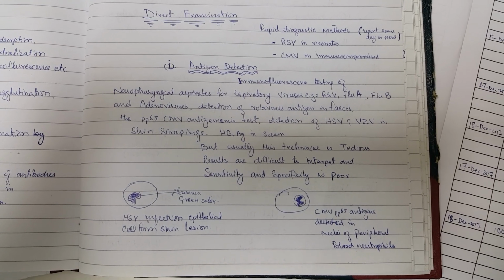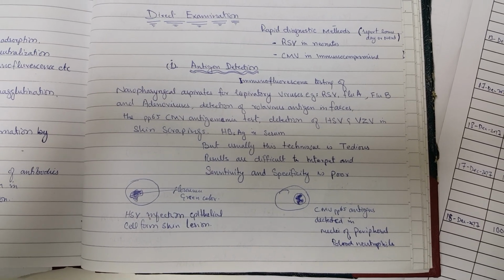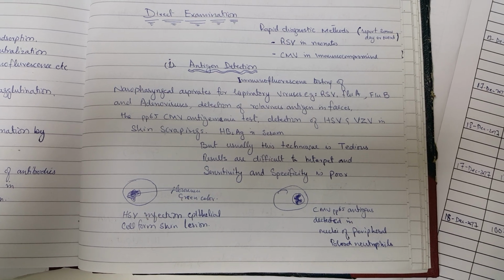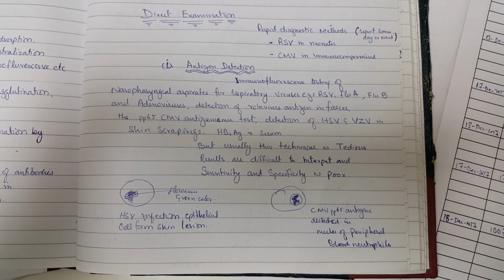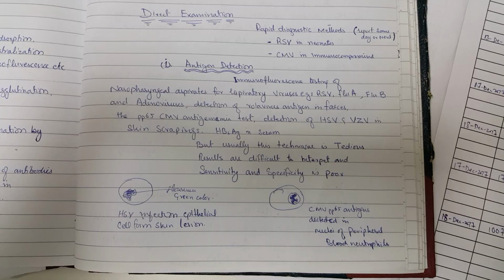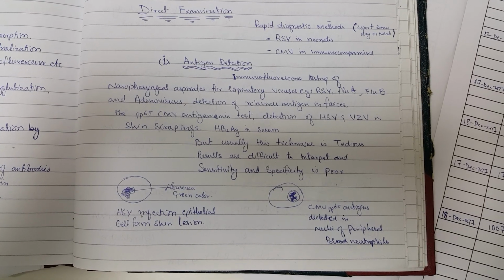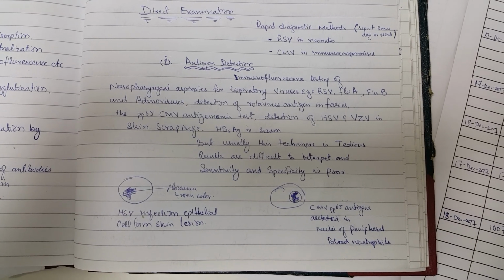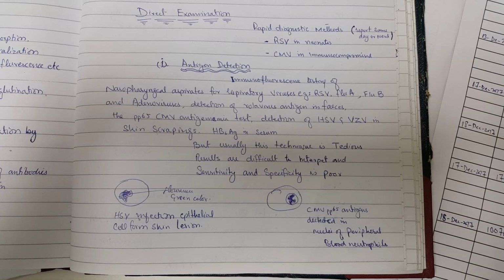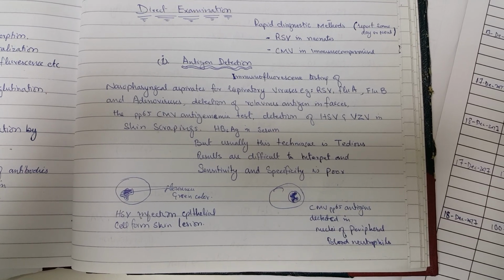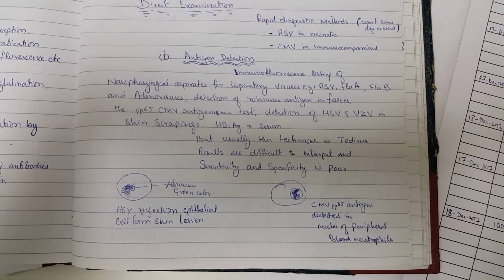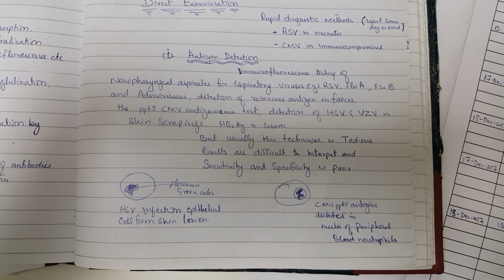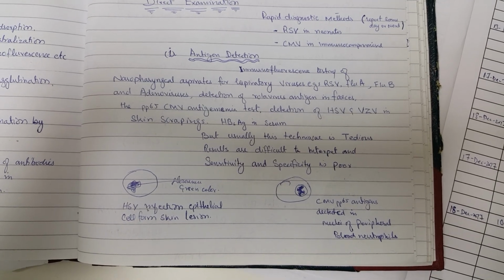It is also used for detection of rotavirus antigen in the feces, the cytomegalovirus pp65 antigenemia test, detection of herpes simplex and varicella zoster in skin scrapings, and hepatitis B surface antigen in the serum. But usually this technique is tedious, results are difficult to interpret, and sensitivity and specificity are poor.